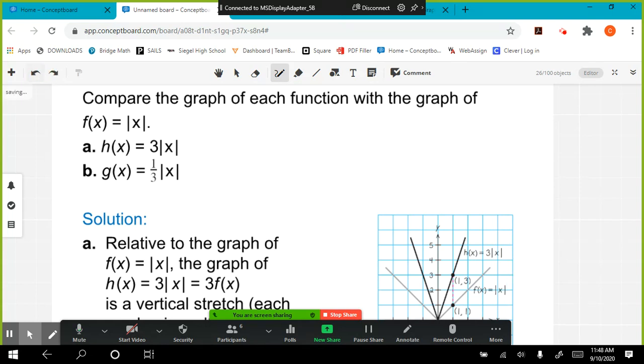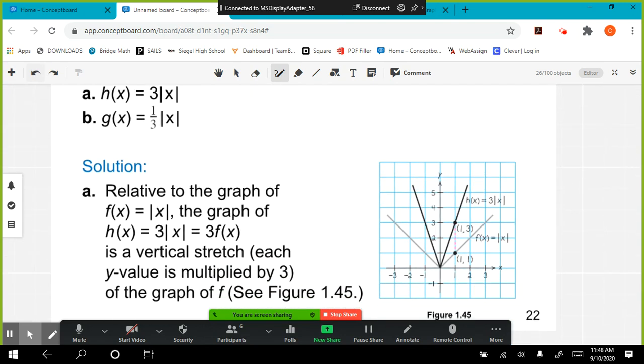And actually, they did. Yep, that's it right there. This is the standard f of x, the absolute value of x, and this is 3 times the absolute value of x. All right, then the next one is 1/3 times the absolute value of x, so that is a value less than 1.